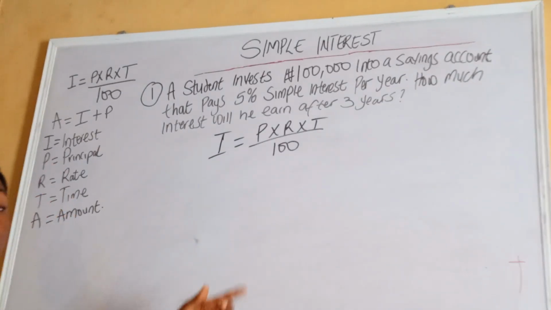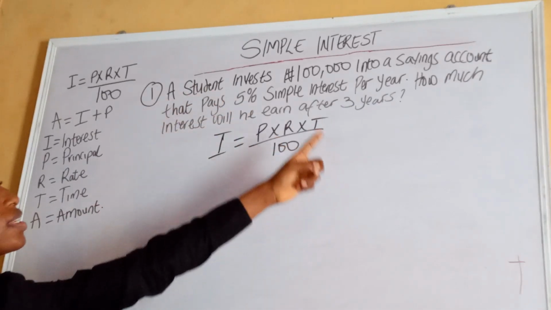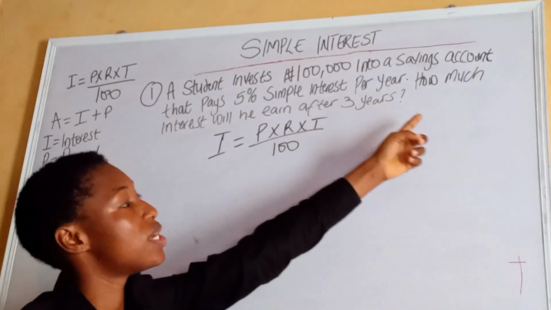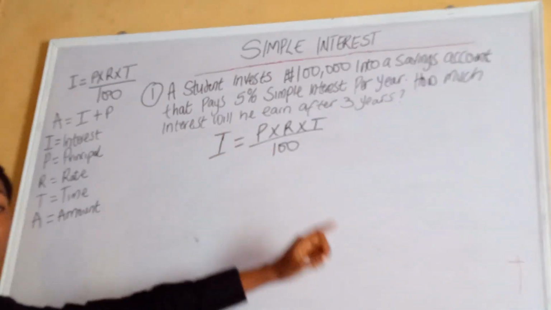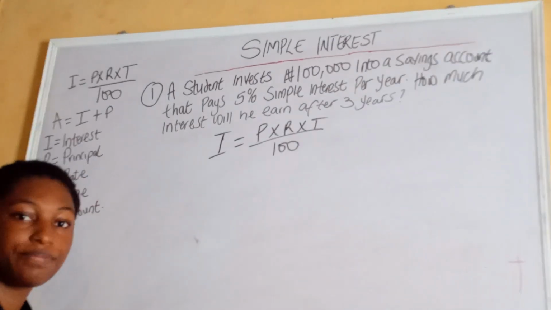To get the interest, this particular question says a student invests 100,000 naira into a savings account that pays 5% simple interest per year. How much will he earn after 3 years?